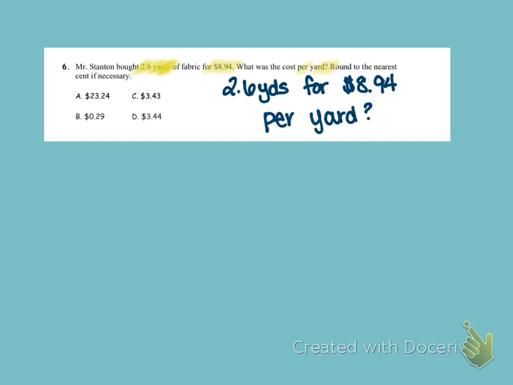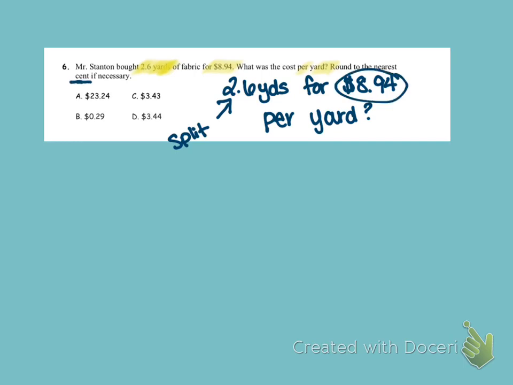So that means that we want to split this up. When we take 2.6 yards and we want to find out per yard, we want to divide if we're splitting. So we want to find out cost per yard.